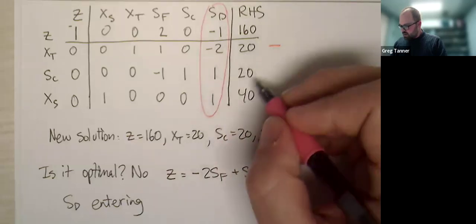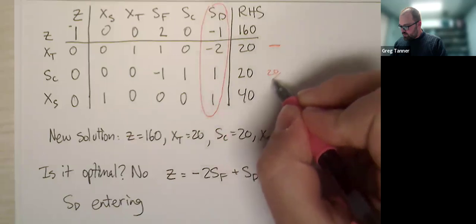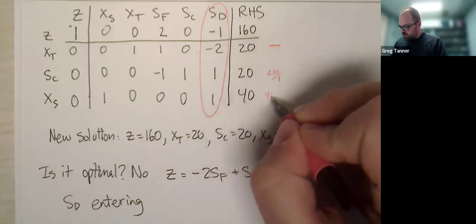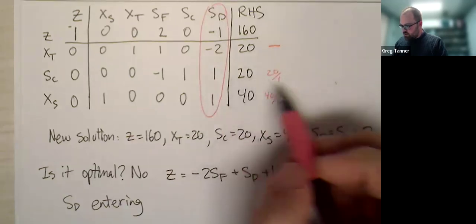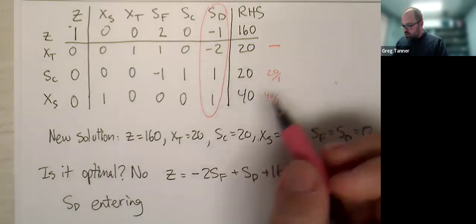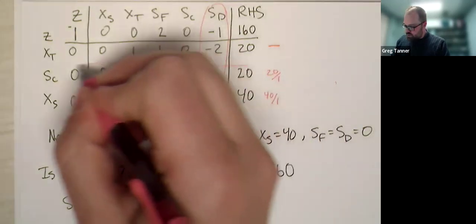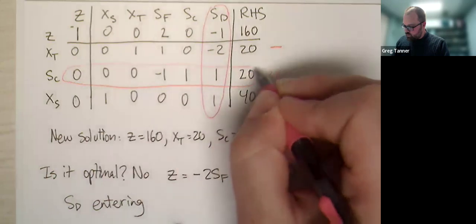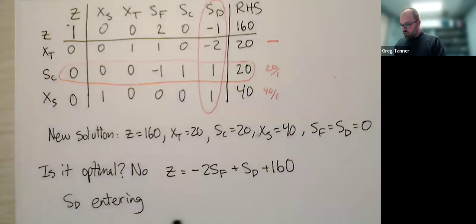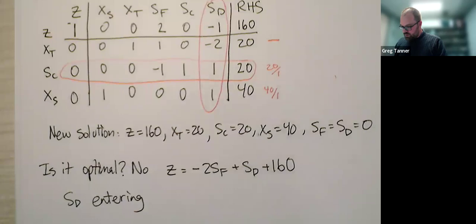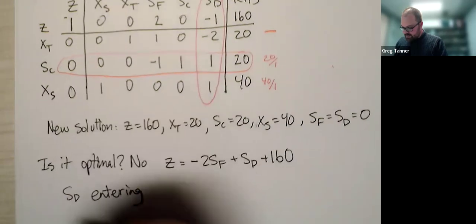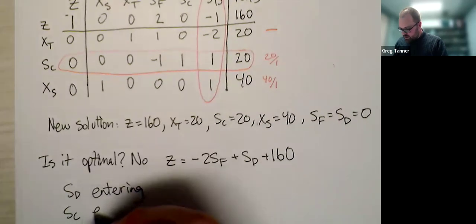So we get 20 over 1 and 40 over 1. Choose the smaller of the two, so we're going to choose this one. Which variable is that? That's SC. So SC is going to be exiting.